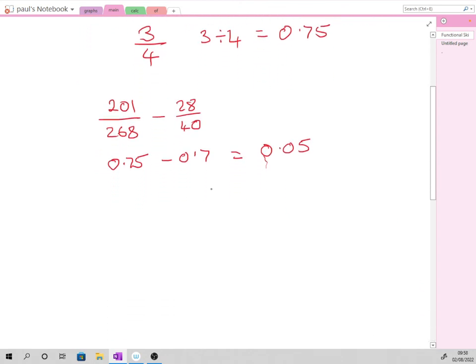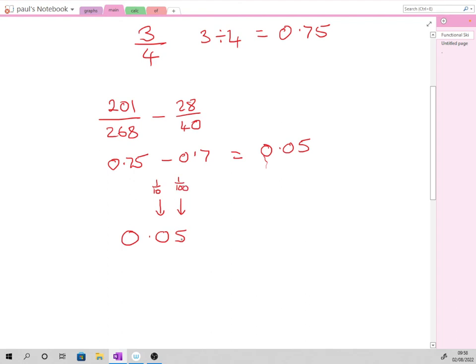Now, they may want your answer back in a fraction. We'll talk about this more later on, but we'll just do the example here. If we've got 0.05, this column here is the tenths, and this column here is the hundredths, and they get smaller and smaller.